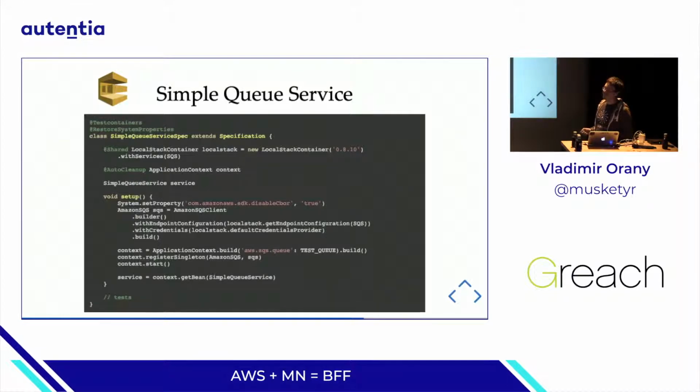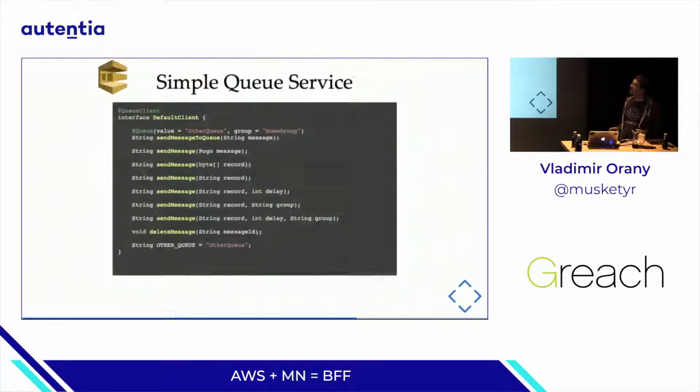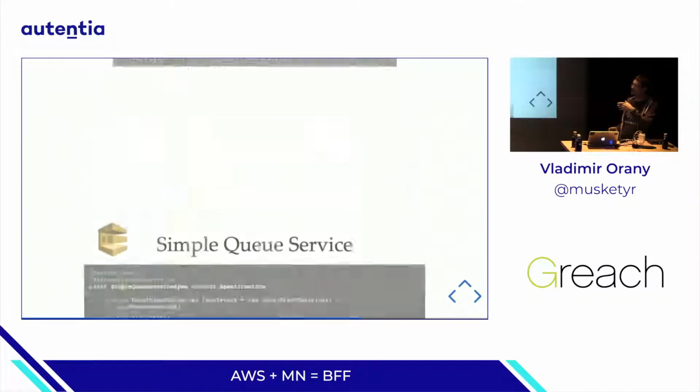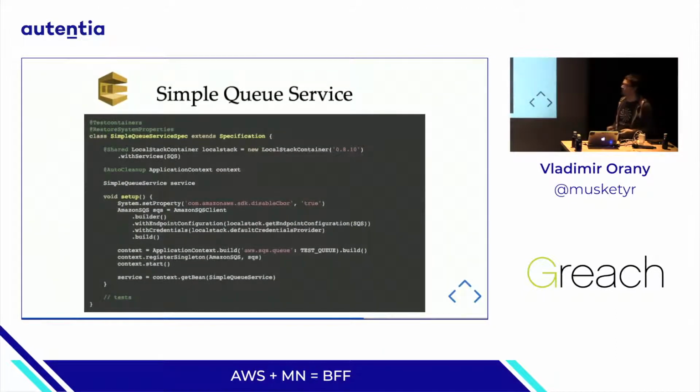This will run the Docker image for the time of the test, and you can create a new service using this mock and inject it into your application context. And once it's in your application context, all the calls to this service are going to the mock instead of the real endpoint.